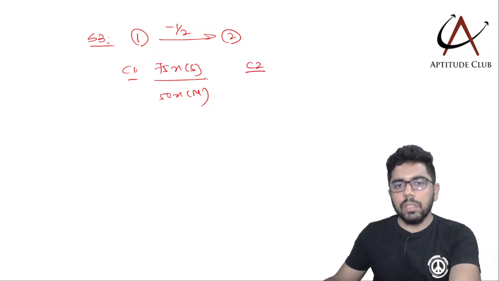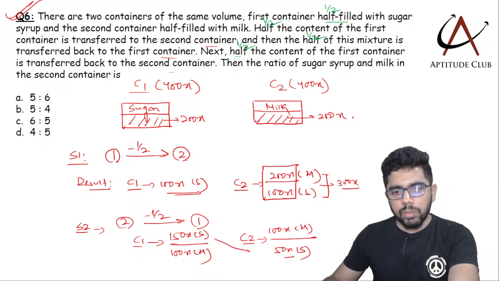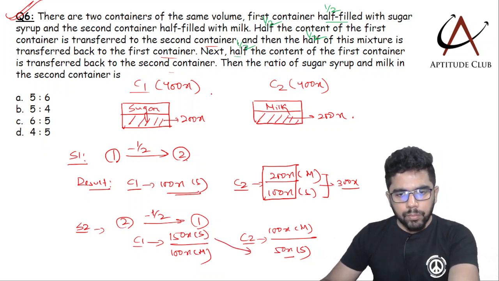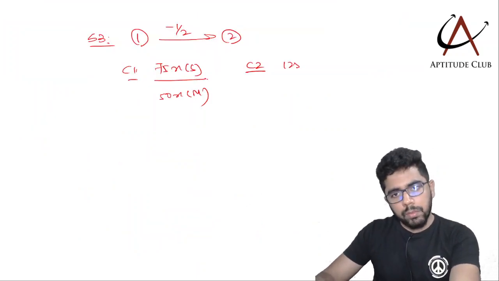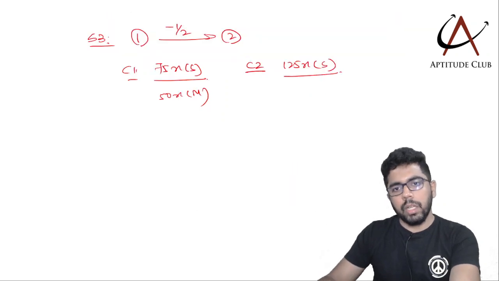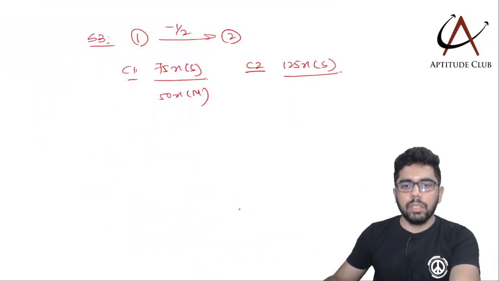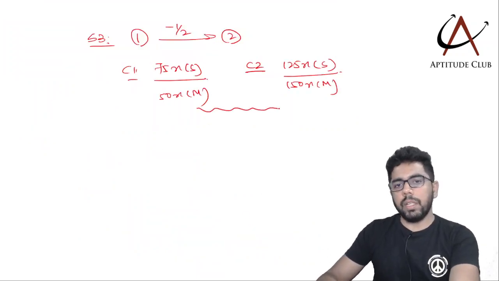And what will be the result in container 2? Container 2 had 50x sugar. From this, 75x will come, so 50 plus 75, I'll have 125x of sugar, and 100x milk and 50x, 150x milk. So this is the final result.